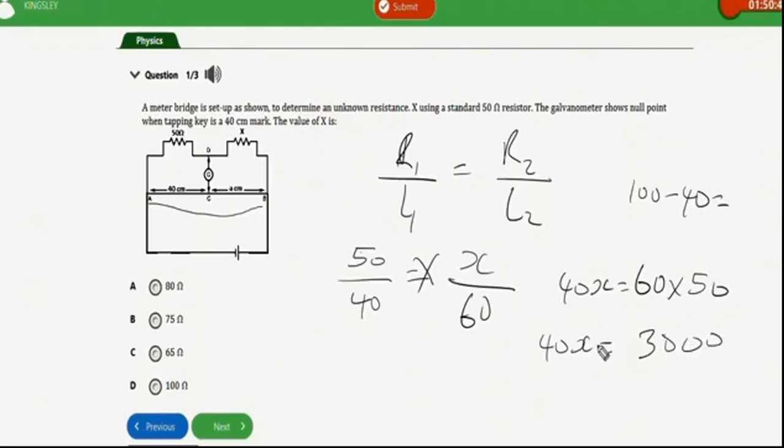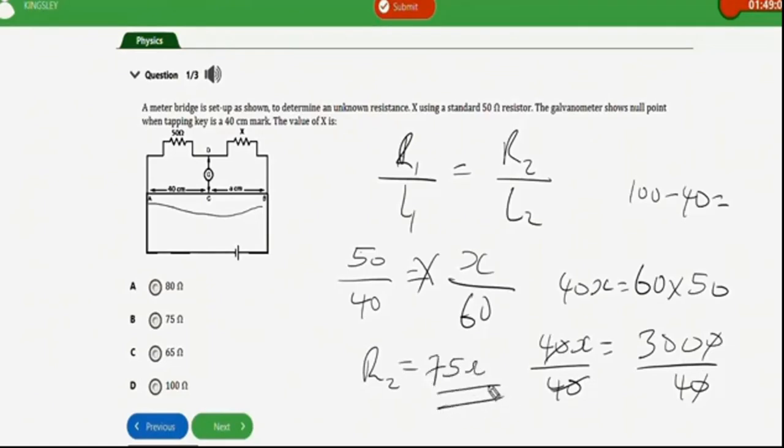At this juncture, let's divide by 40. So our X will be, when you divide 300 by 4, we're going to have 75. So our R2, which is the second resistor, will be 75 ohms.